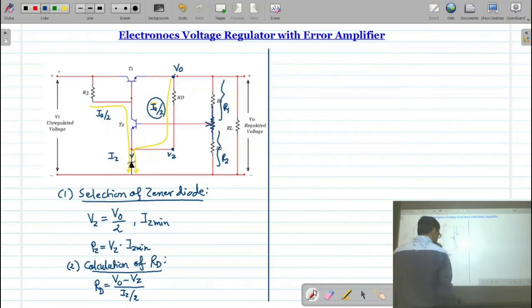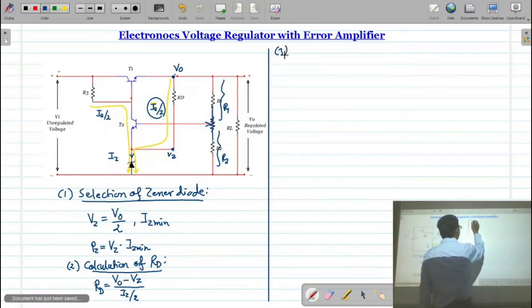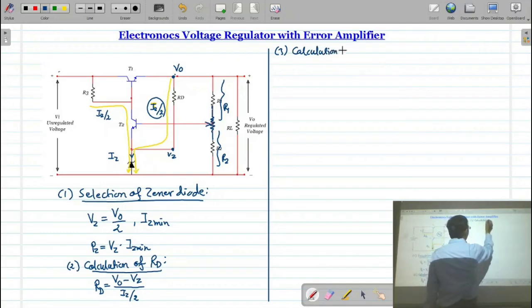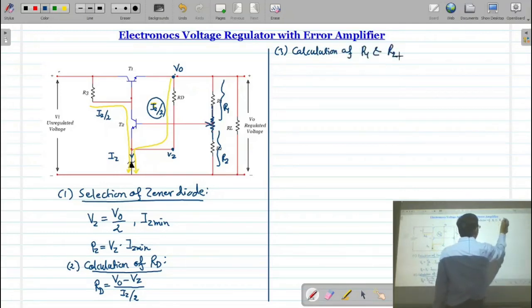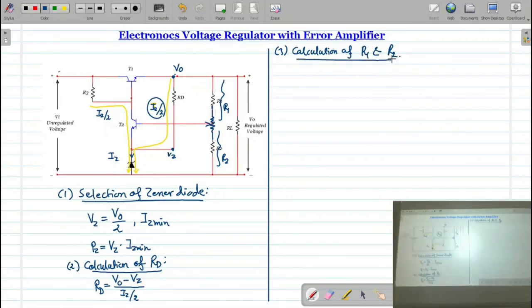Okay. Now we will calculate R1 and R2. Third one: calculation of R1 and R2. Here you have to assume some current.